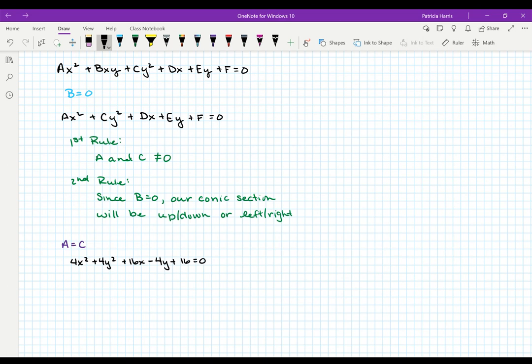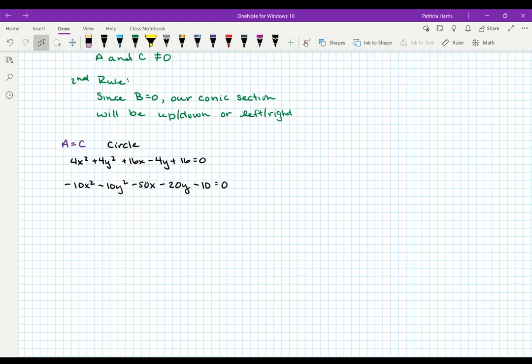We know we're looking at a circle. They could even also be both negative. Okay. We just know that they're both equal, so we're going to eventually get to a circle.